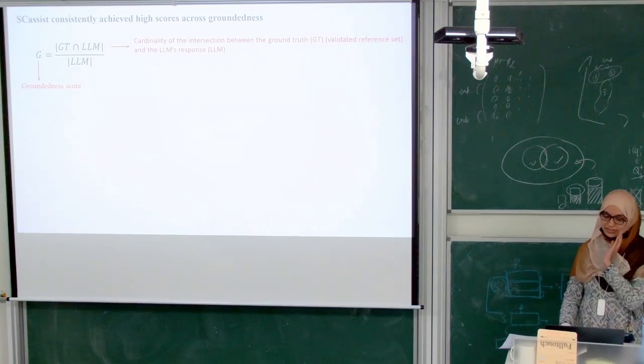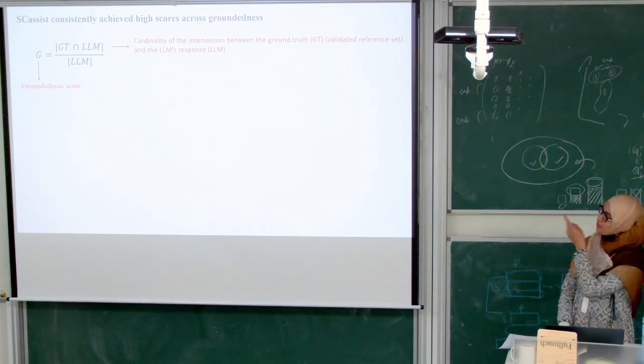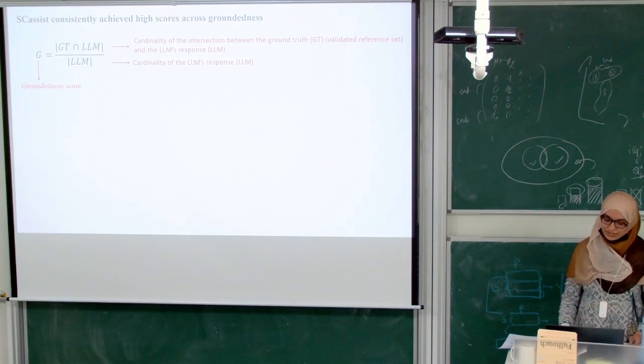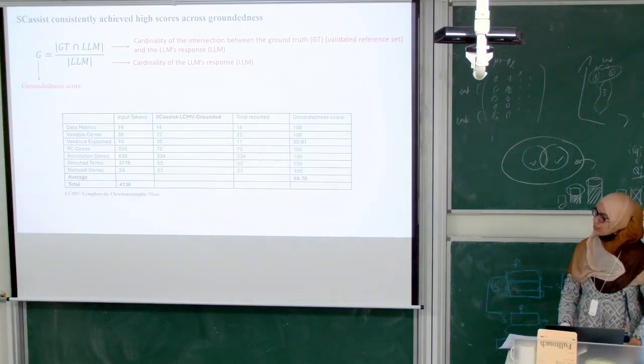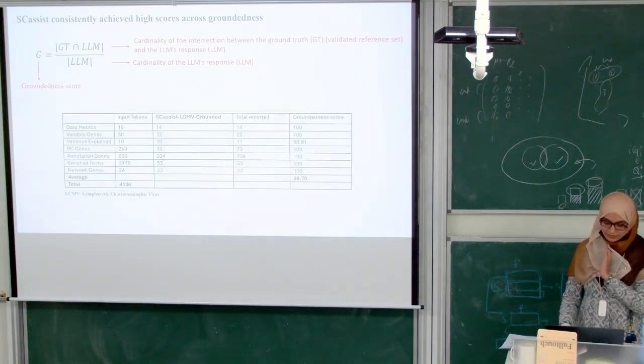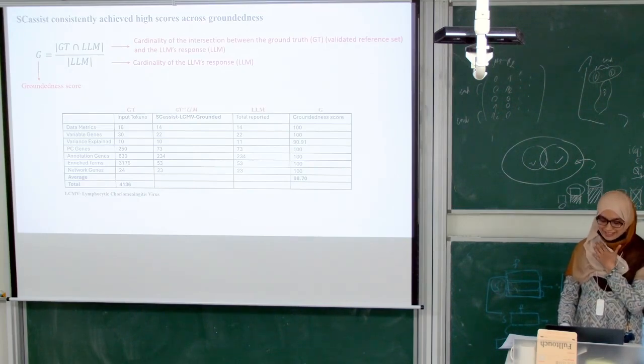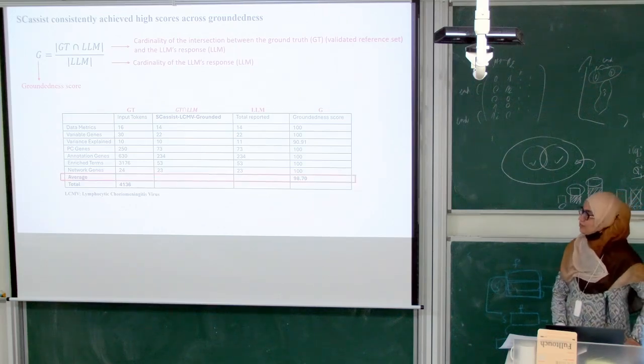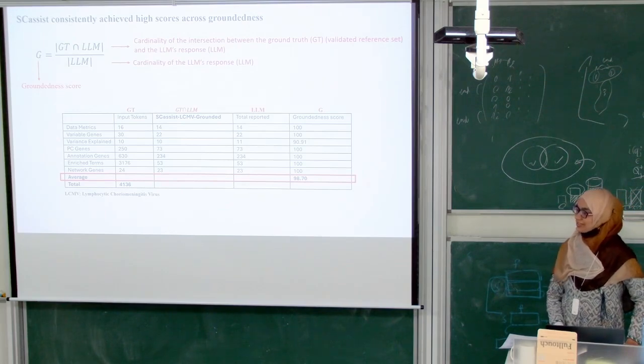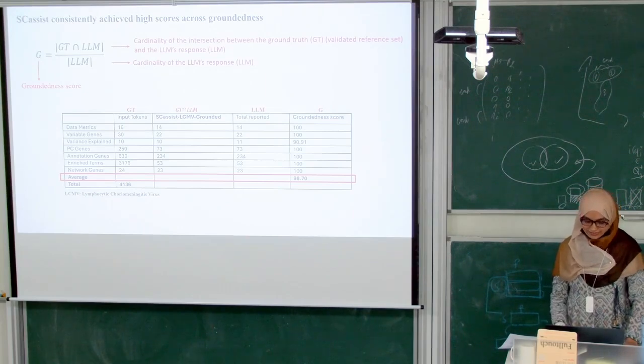They took the intersection of the two and divided it by the LLM's response. When they checked it with the lymphocytic choriomeningitis virus data, they got an average of 98.70. That means 98% of the time the results were the same as the original.